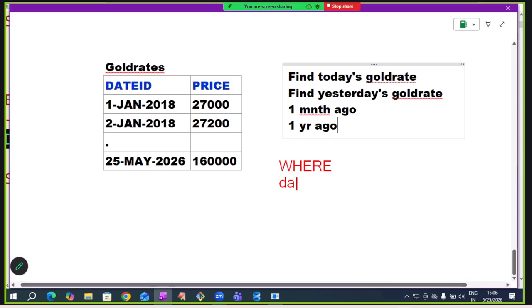We have to remove the time. So we write trunc of date ID equals trunc of sysdate. If you want yesterday's gold rate, sysdate minus 1. If you want 1 month ago gold rate, add_months of sysdate comma minus 1, like that.